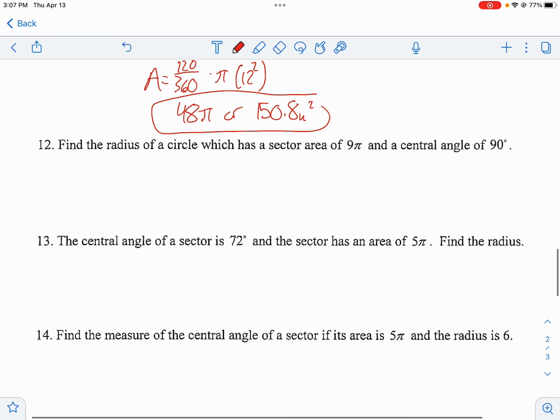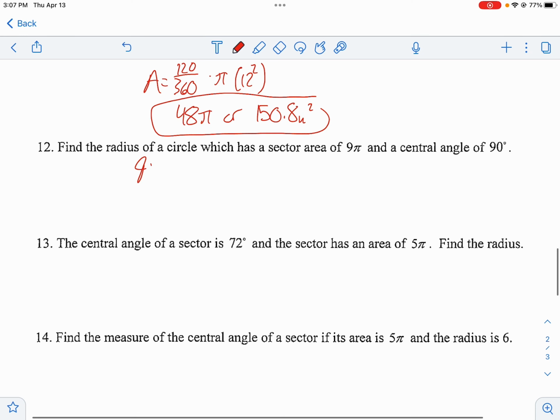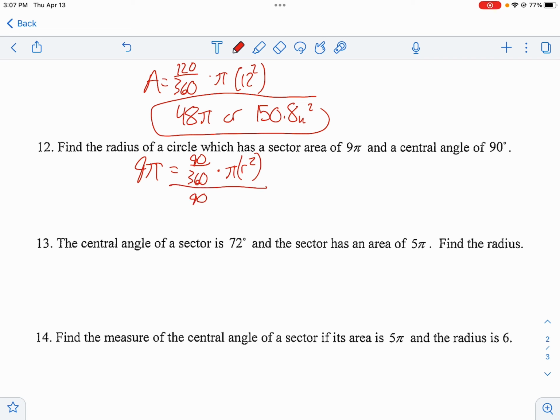Next, find the radius of a circle with a sector area of 9 pi. So 9 pi, and that's a sector area, so I need to set that equal to the sector area formula. So 90, which is my central angle, over 360, times pi r squared. Don't know my radius, right? So I'm going to divide this whole right side by 90 over 360 times pi, and divide that side by 90 over 360 times pi, because I want to get that r squared by itself for right now.